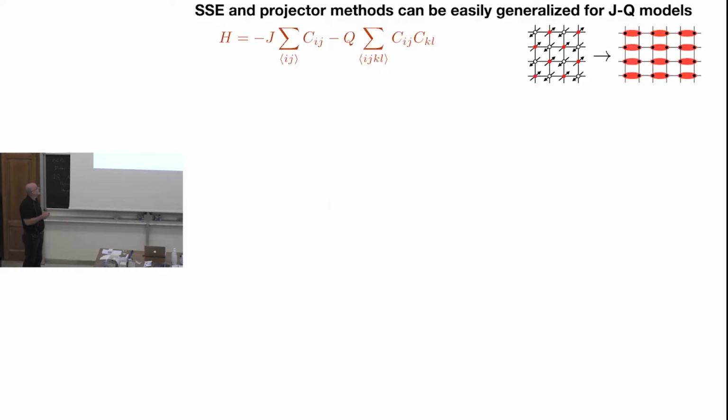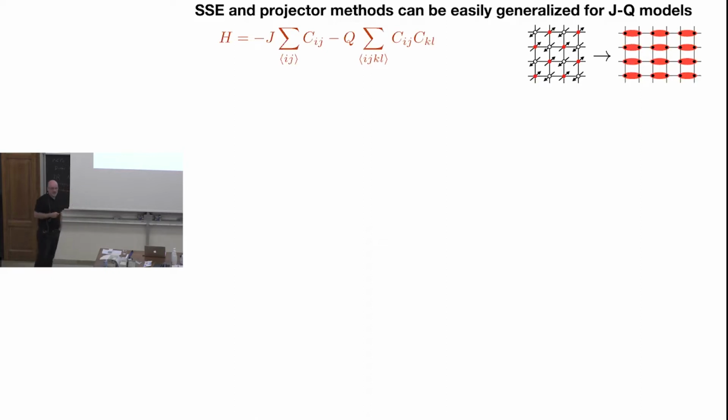Okay, now I'm going to talk about the JQ model. So let me just quickly say how this algorithm, both the finite-T SSE and the projector approach, can very easily be generalized to these JQ models that I have talked about before, where we have these singlet projector operators.